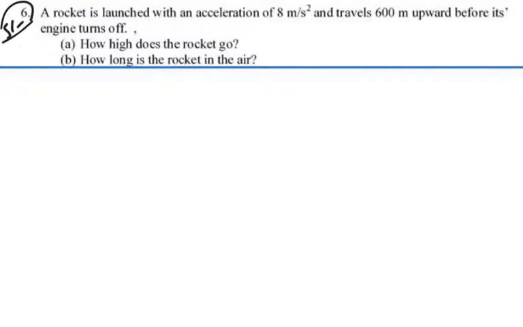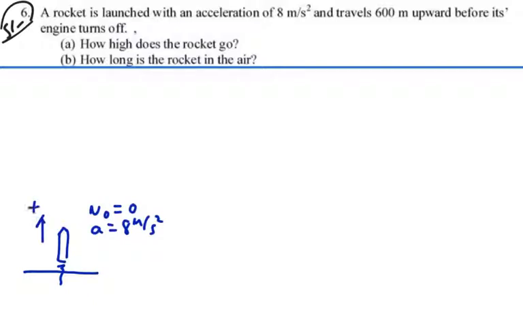So we start off with the rocket ship taking off. It has an initial velocity of 0, starting from rest. We're told its acceleration is 8 meters per second squared, so that's what it is no matter what. It's working against gravity, but it is achieving an acceleration of 8 meters per second squared.